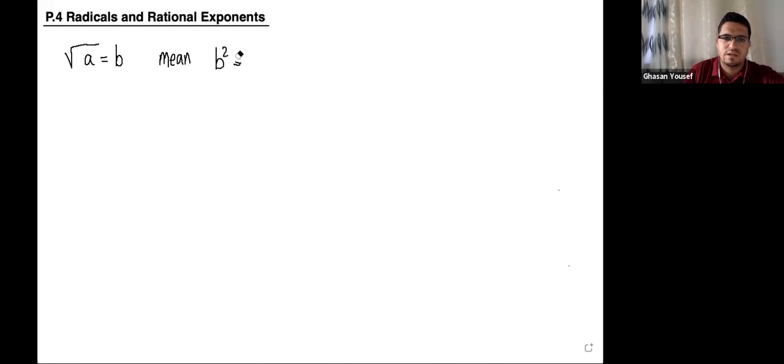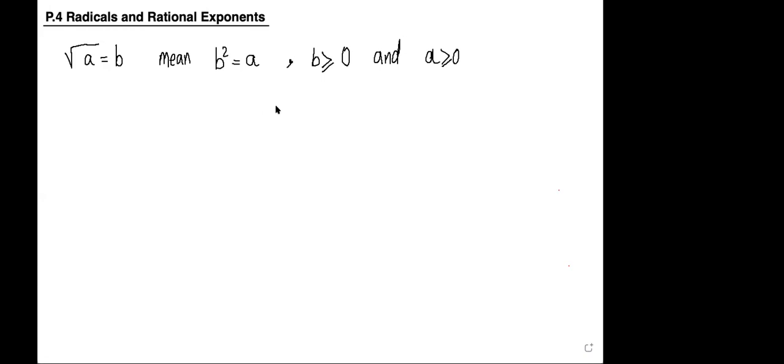So b squared equals a. And I have to know here b must be positive or 0, and at the same time a is greater than or equal to 0 too. So this is for the square root.